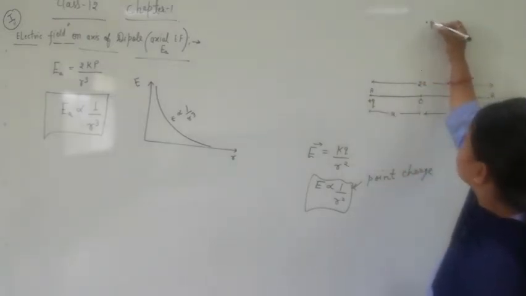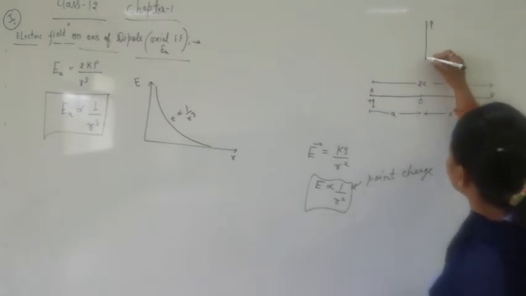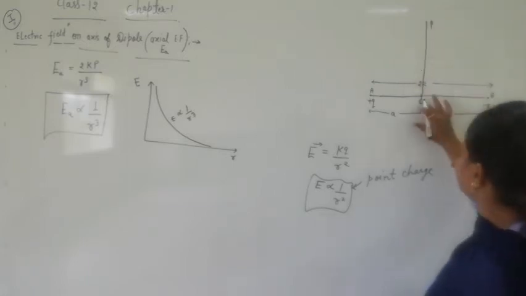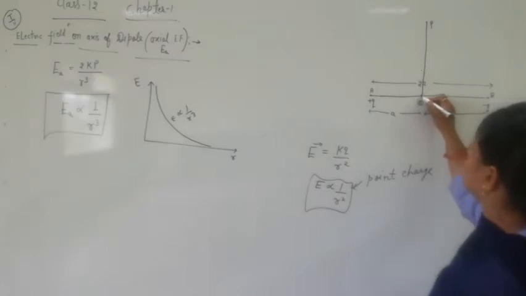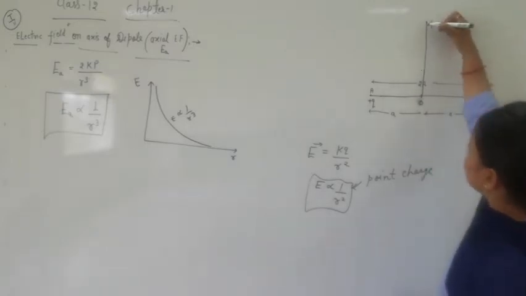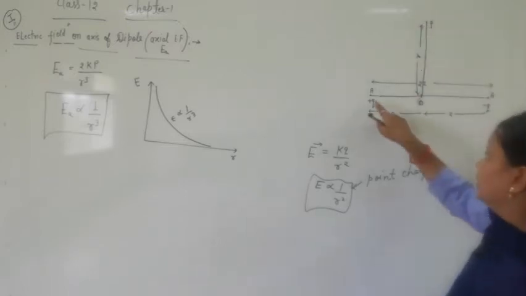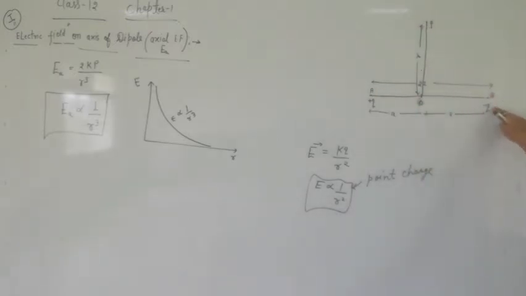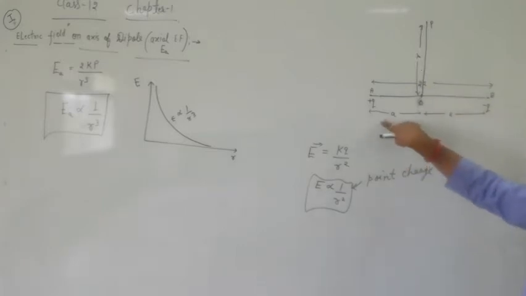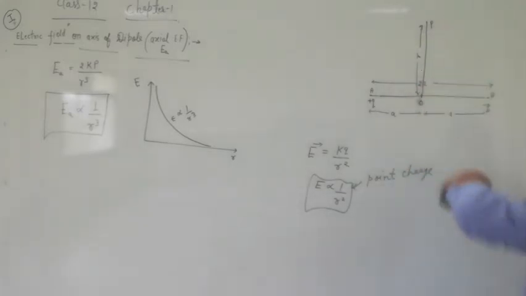P point on the equatorial axis, and consider OP as a small r. A dipole is at 2a, small a section and small a section. This is the equatorial axis.